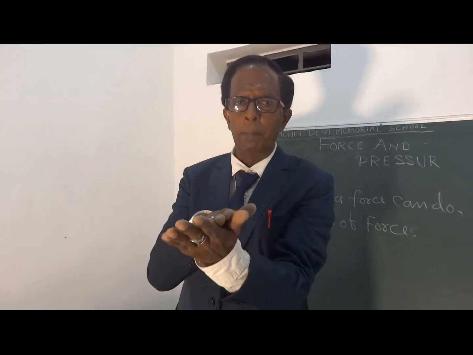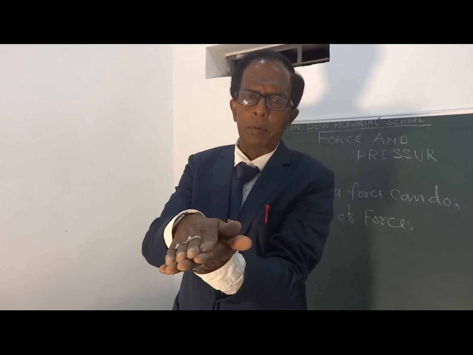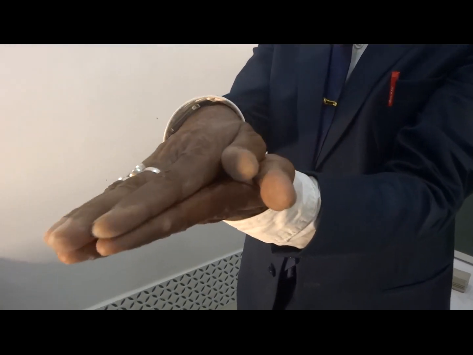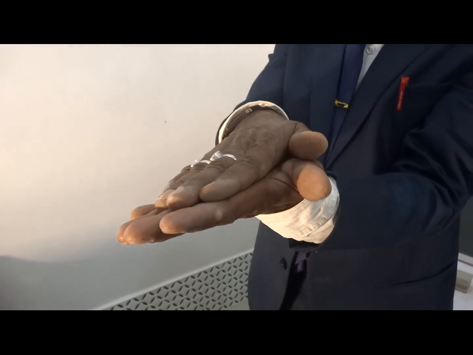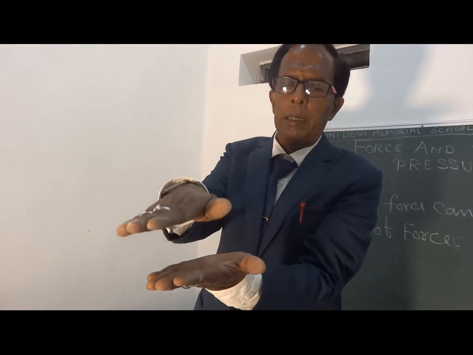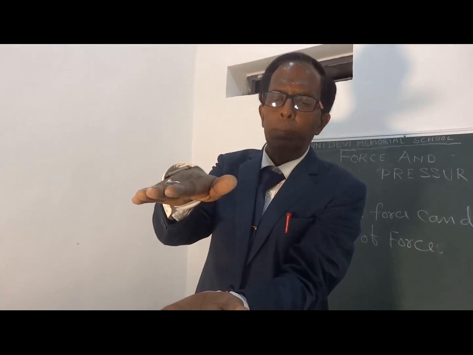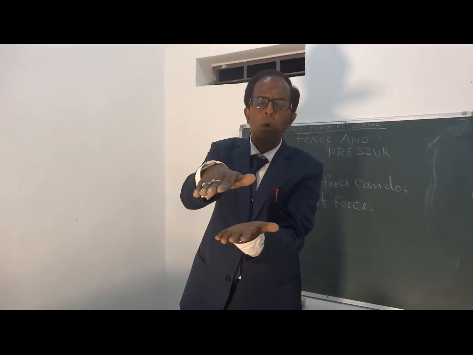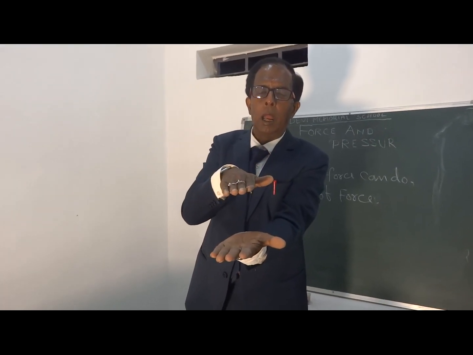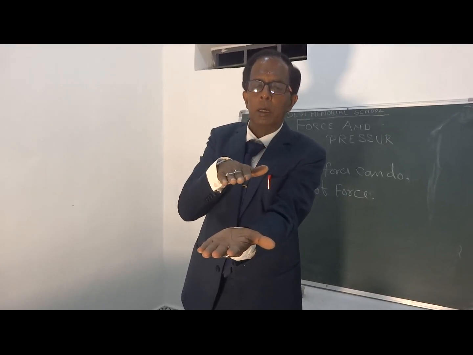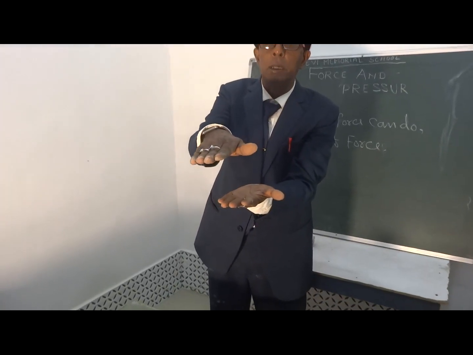For example, when I am rubbing these palms on each other, the frictional force is opposing the motion of my palms. And if both palms are separated, then there is no friction, and so the motion is going well without any obstruction.